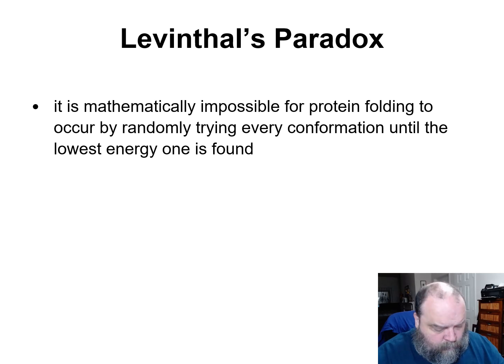There's this neat thing they refer to as Levinthal's paradox. Levinthal's paradox states that if you took any amino acid chain, there is an extreme number of different random conformations that could occur.